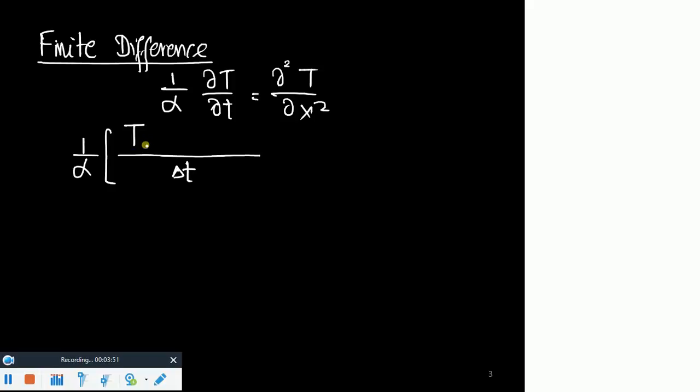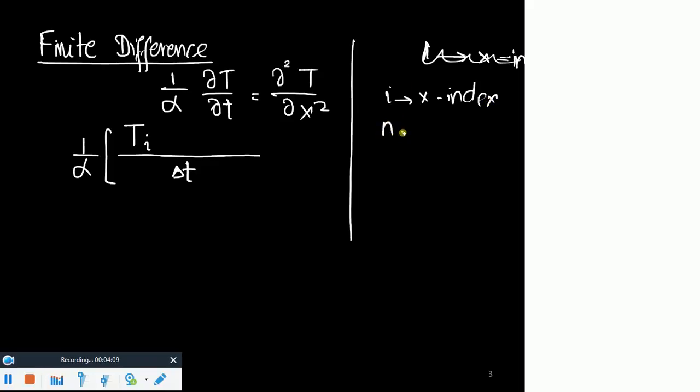I take i as the x index, and I just use n as the time index. You remember I used j as the y index last time. So just to differentiate between those indices, I would use n for the time index, and I would put it in the superscript.